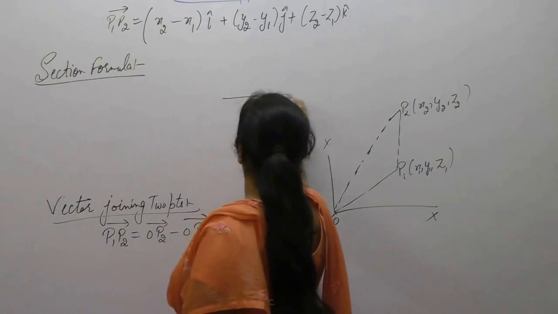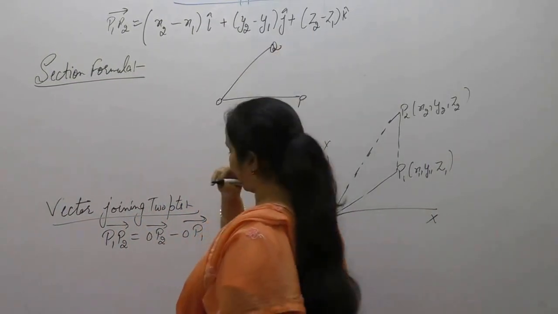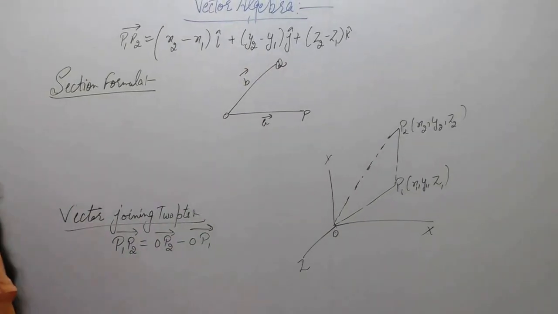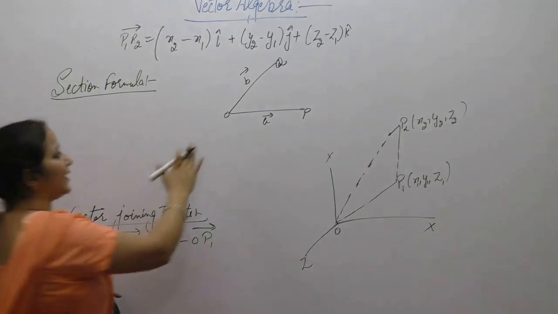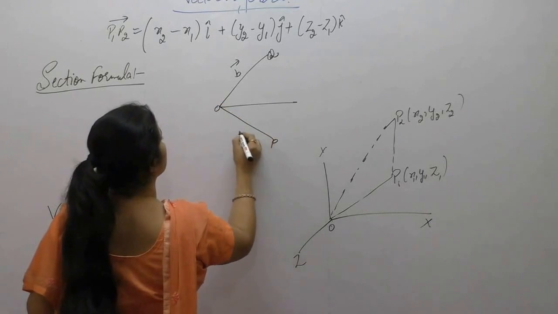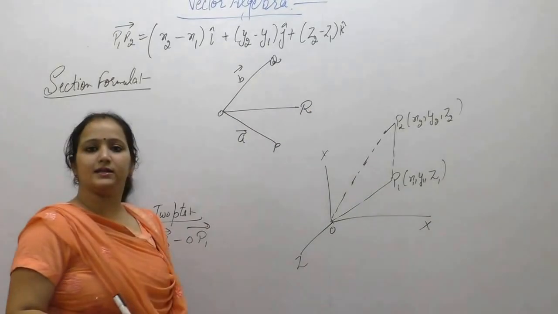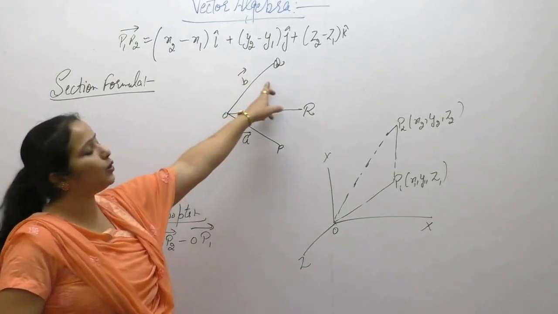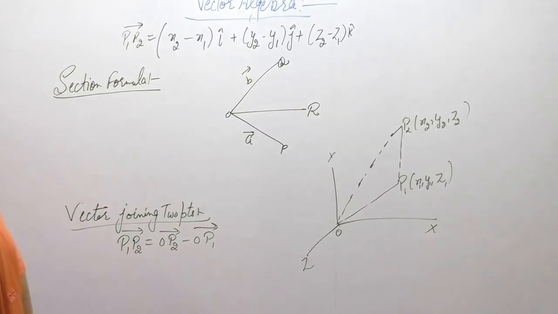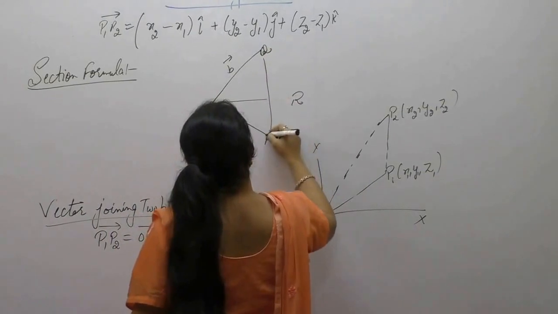Let OP and OQ be two vectors. Let R divide OP and OQ internally.